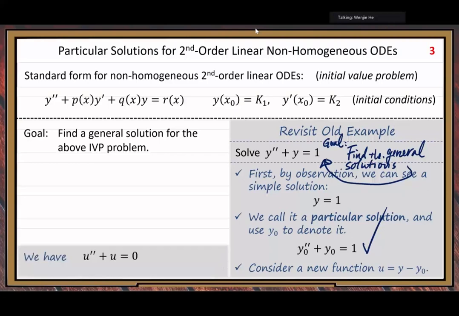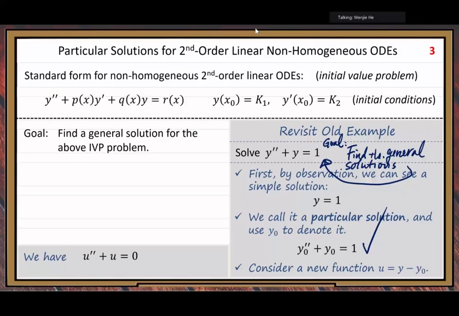Because u is the difference of y and y0, you take the difference of the equations. On the right-hand side, 1 minus 1 is gone. On the left-hand side, you get u double prime, and y minus y0 gives u. At the end, you get u double prime plus u equals 0, homogeneous.